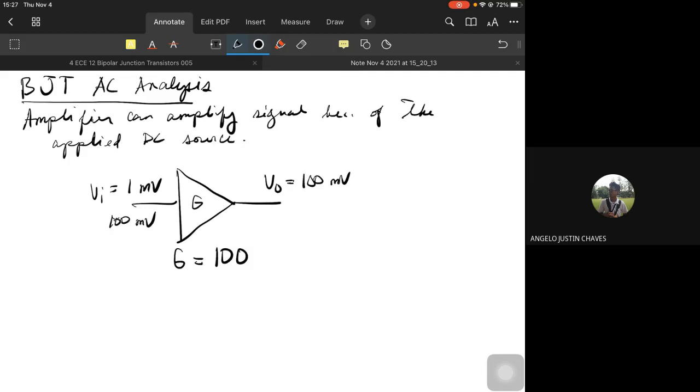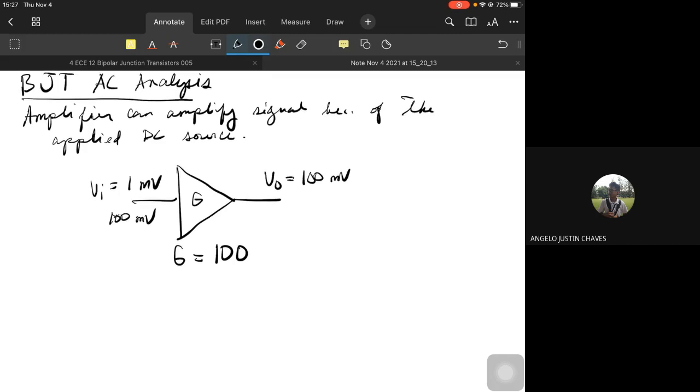So it's like cascading this kind of amplifier 2 times. If 100 millivolts times 100, the output is how much? 10 volts, perhaps? I think I'm not wrong. I just multiplied 100 millivolts times 100. So, 0.1 times 100. The answer is 10 volts.